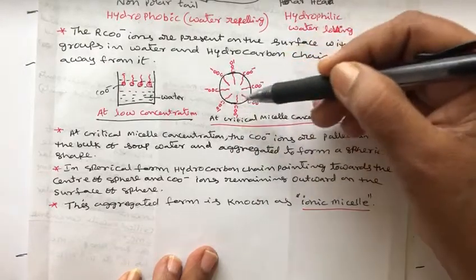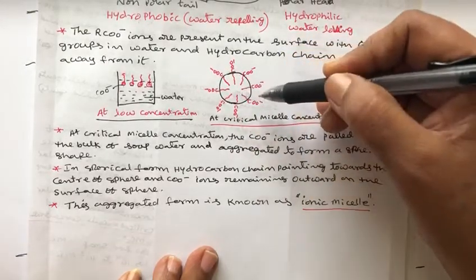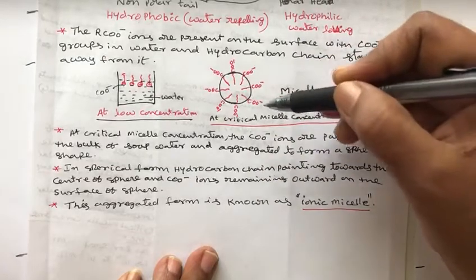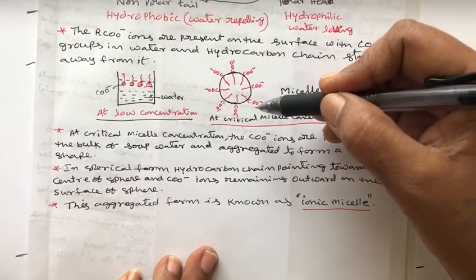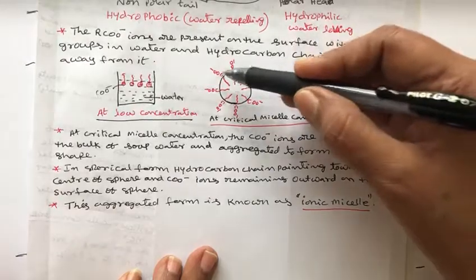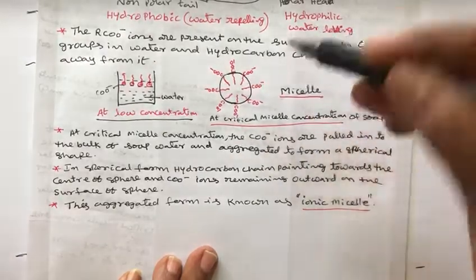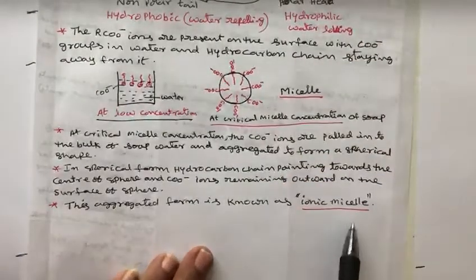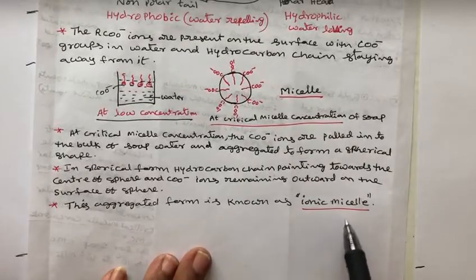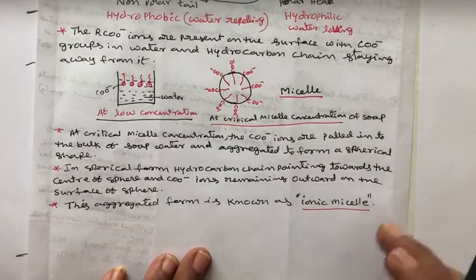The aggregated stearate ions are called ionic micelle. Nearly 100 or more stearate ions aggregate to form a micelle.